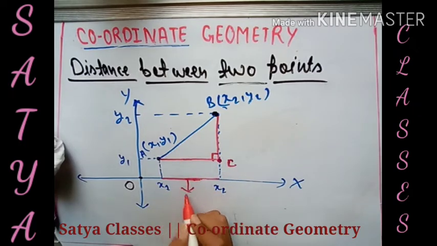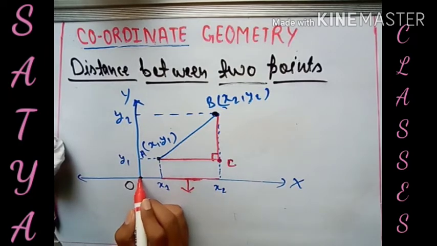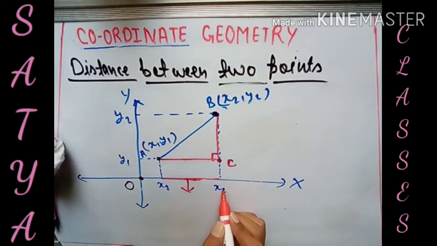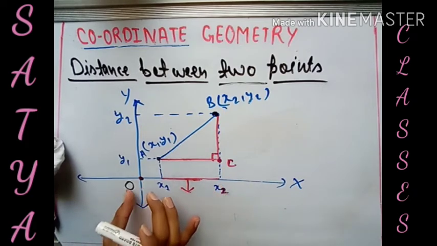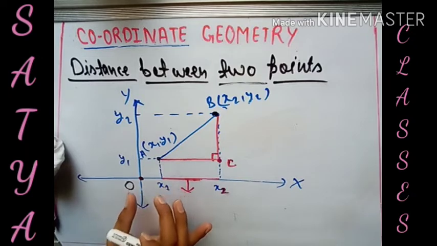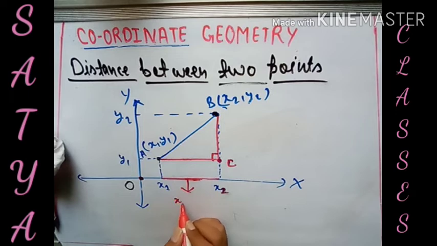Now for finding the distance of this, first of all the distance from origin to x2 is equal to x2, and from origin to x1 is x1. So for finding this distance we have to subtract x1 from x2. Understand?